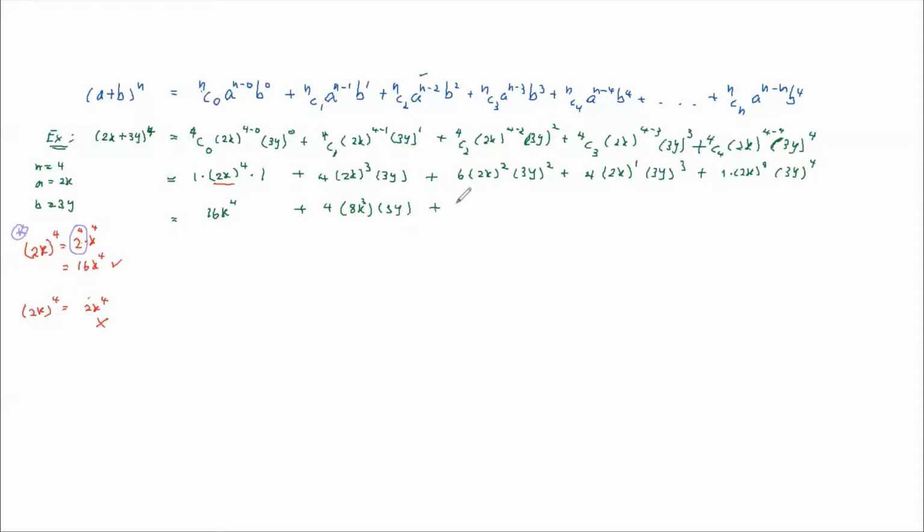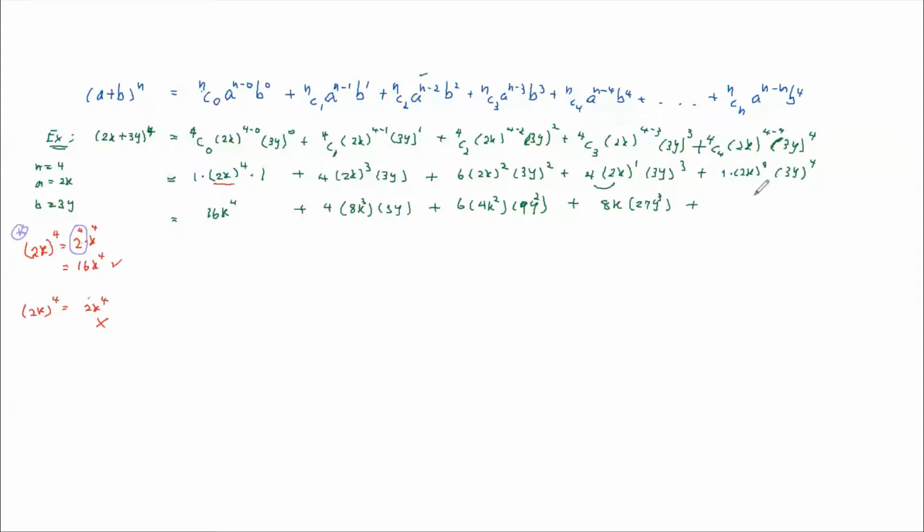Plus 6 times 2x power 2, don't forget, becomes 4x power 2, and 3y the whole thing power 2 means 3 power 2 becomes 9y power 2. Plus this one is power 1, so you have 4 times 2 becomes 8x, but 3y the whole thing power 3 should be 27y power 3.